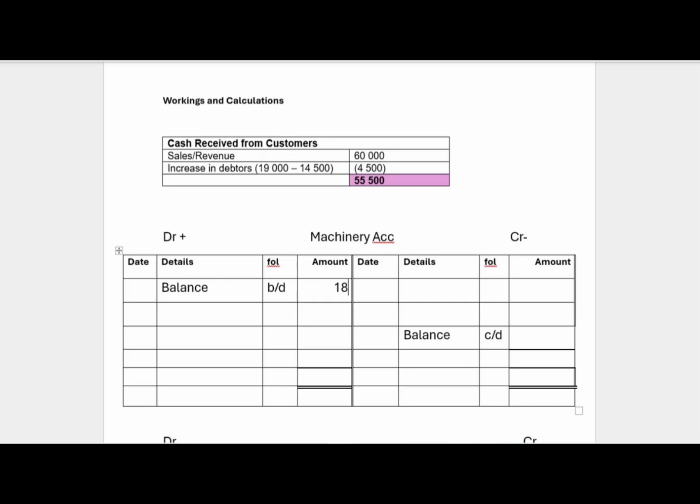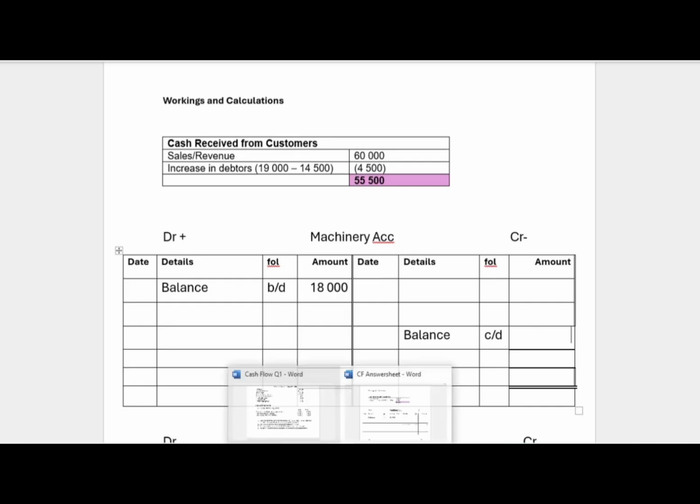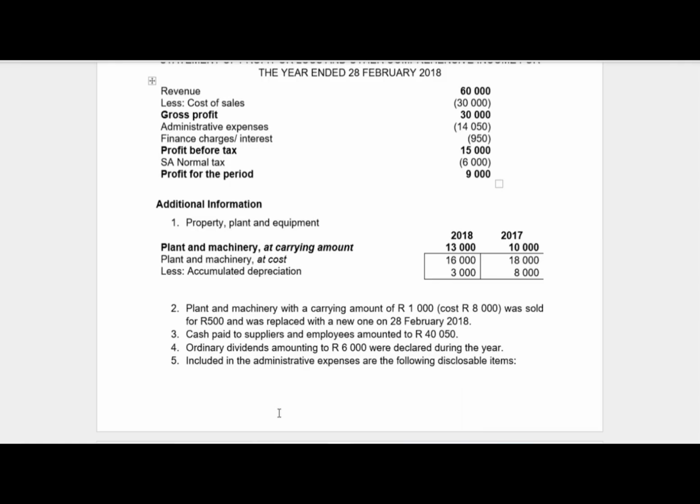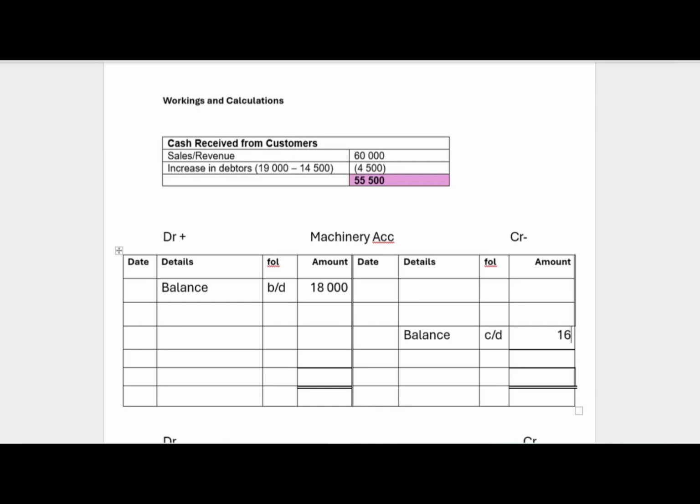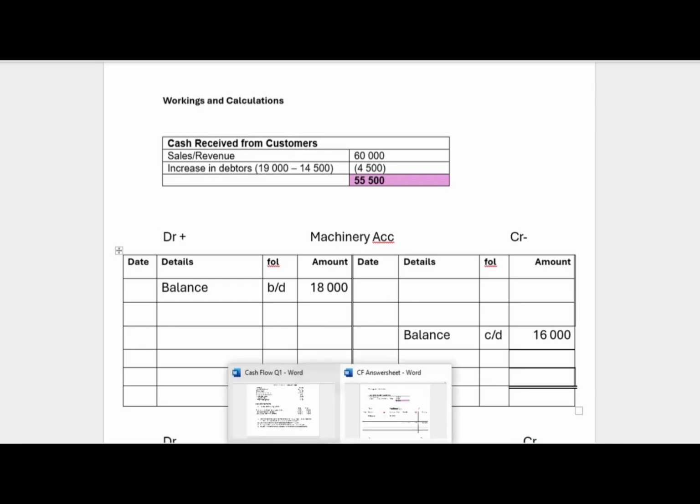So we've got 18,000, and then our closing amount, according to the question, is 16,000.